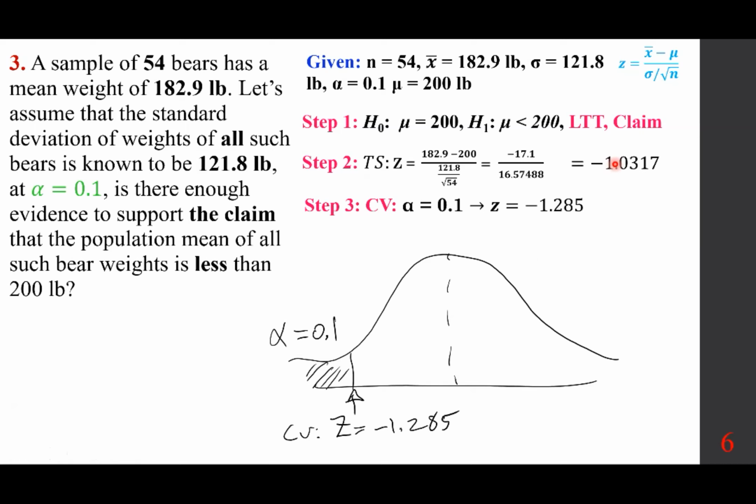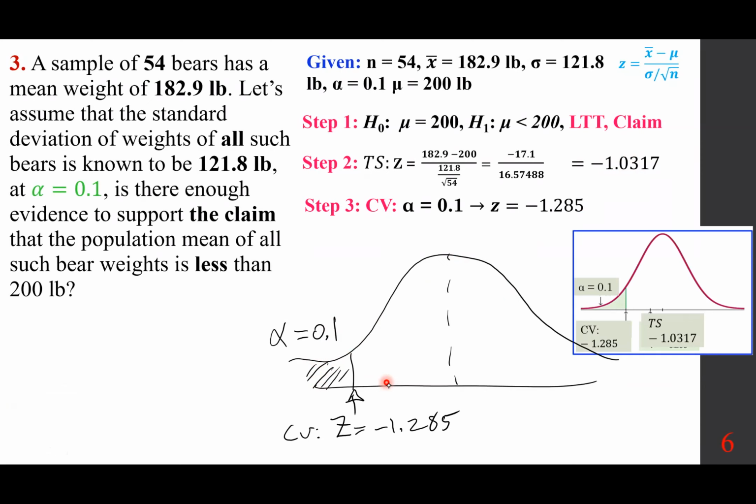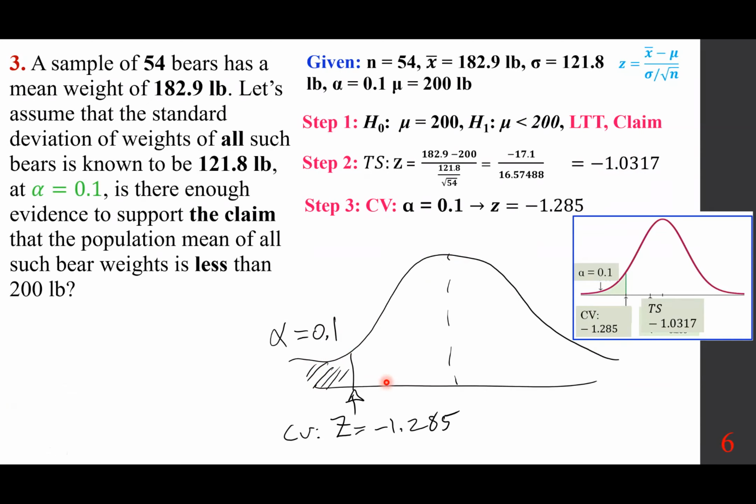If you throw it in here, it's in the rejection region. If you throw it in here, it's not. And I hope you see that this goes somewhere here. It doesn't have to be to scale, so somewhere here. It's a non-rejection region.